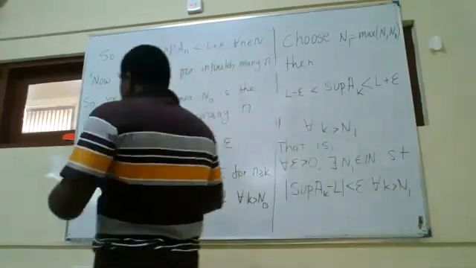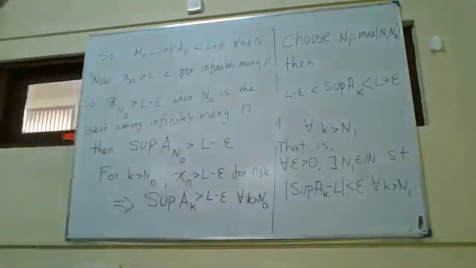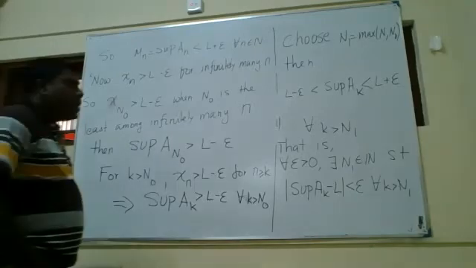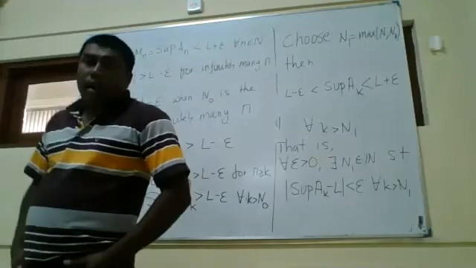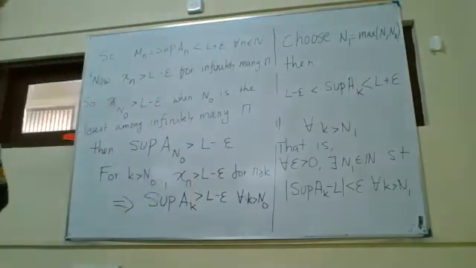Right, so if you simplify this, if you write this in a common notation, what you have is for every epsilon positive, there exists a natural number N1 such that the supremum of a_k minus L is less than epsilon for all k greater than N1. So clearly, this is the definition for the upper limit, right?